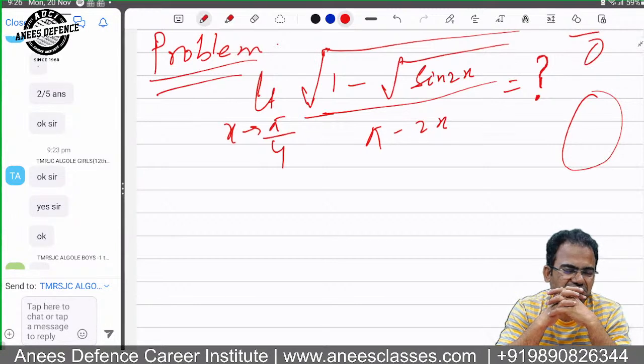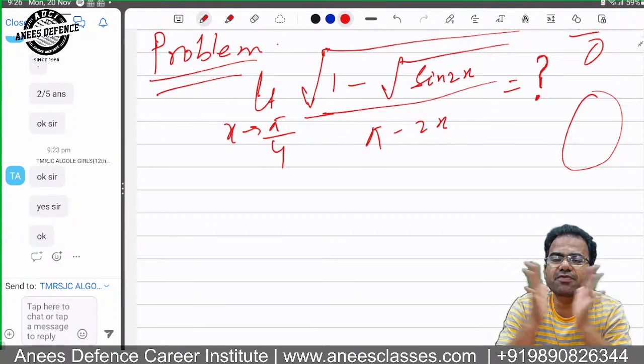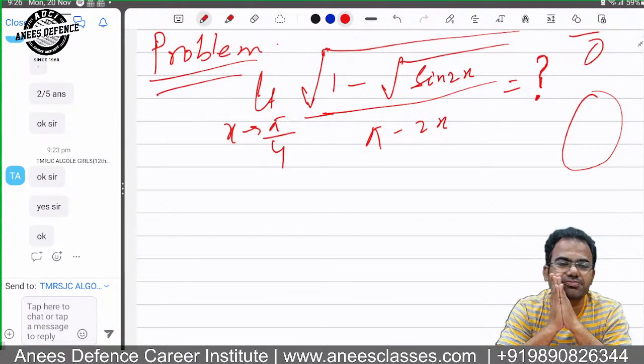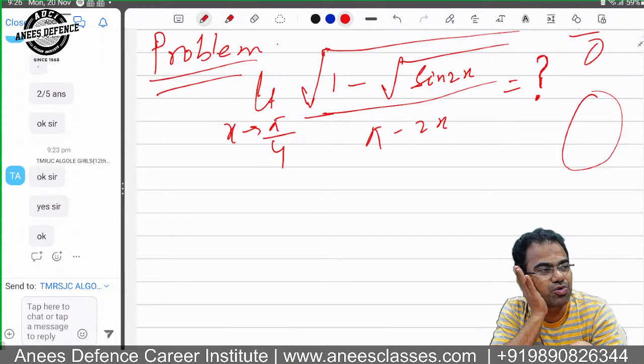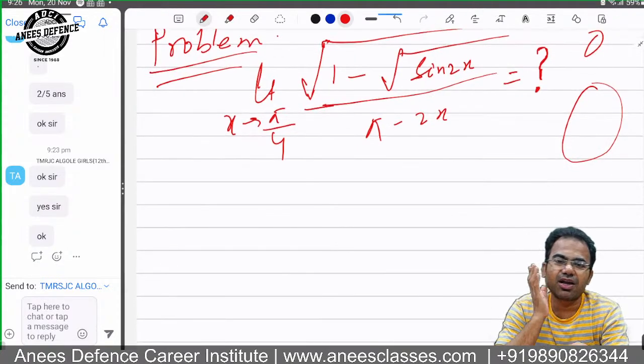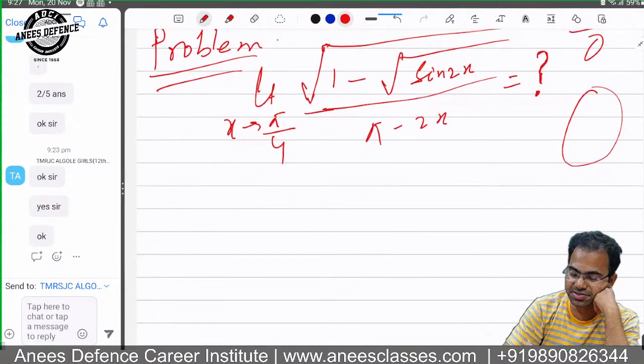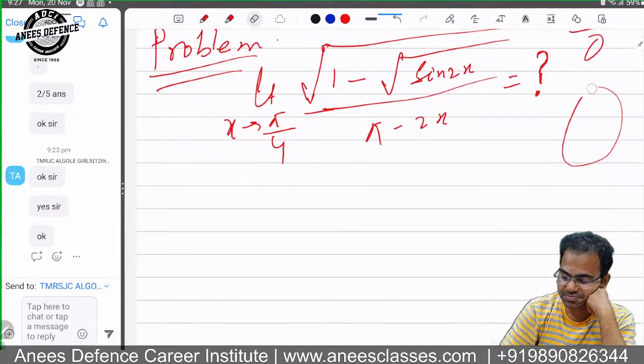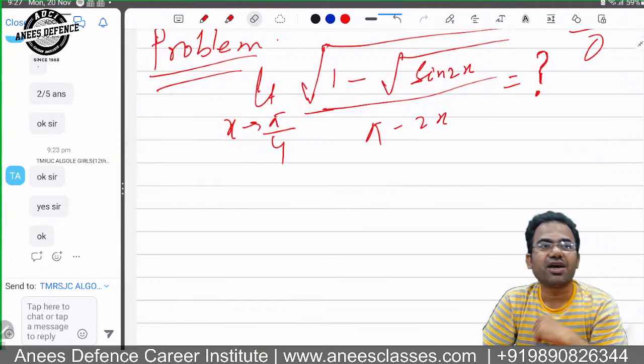By 4? No, 1 by 2. Here the limit will not exist. I am giving you the clue. Here the limit will not exist. No, it is the form of 0 by 0, but the limit will not exist.